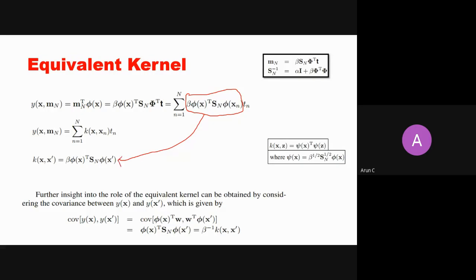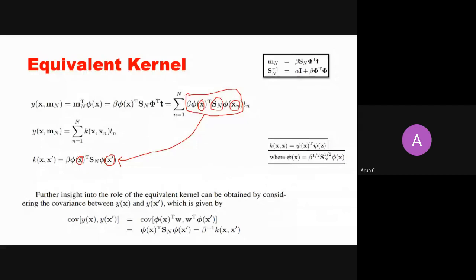Because what it says is that you are taking a dot product between the X where you want to predict and all the X's in your data set, keeping this matrix in between.